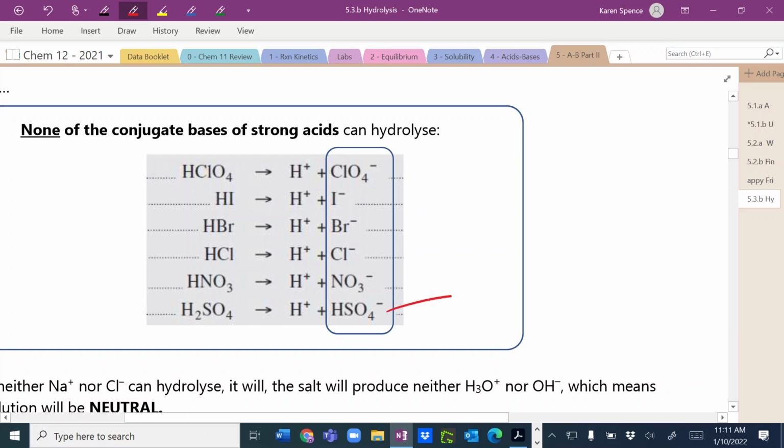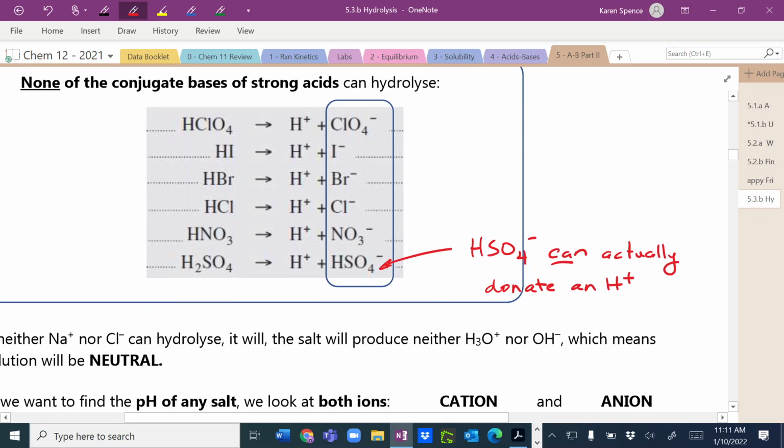Now, I'm going to actually put a little exception here. HSO4- can actually donate a proton, but it cannot accept one, okay? Because it's got a hydrogen. Do you see how none of the rest of them have a hydrogen?